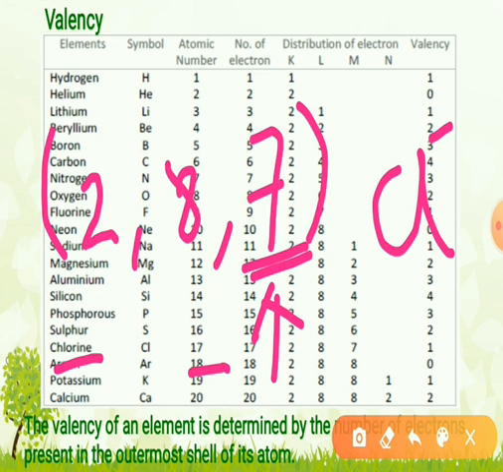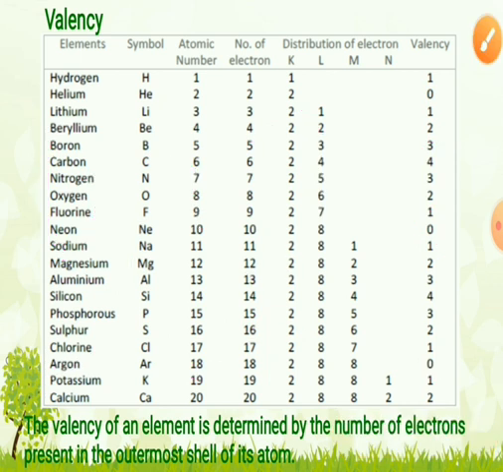That is, the valency will be 1 because it is accepting one electron and getting stable, completing its octet state. Similarly, you can find out the valency for the different elements which are given here.